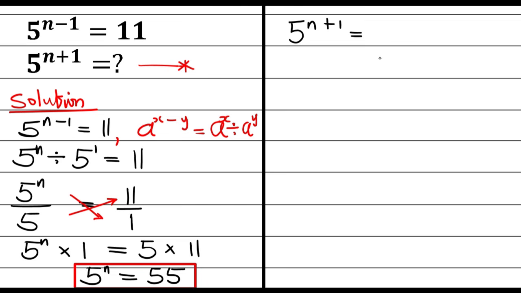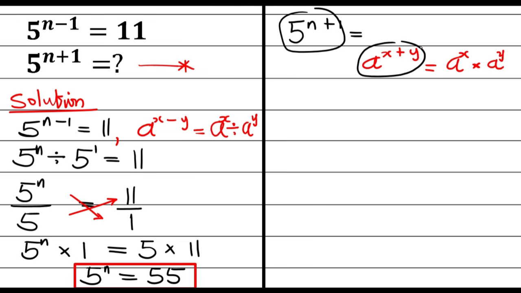If we remember that a raised to the power of x plus y is just the same thing as a raised to the power of x multiplied by the same base a raised to the power of y, it is obvious that this format is still the same format here. So as I write the right hand side of this rule, I'm going to write the right hand side of my expression the same way. And if I do, I have 5 raised to the power of n multiplied by 5 raised to the power of 1.